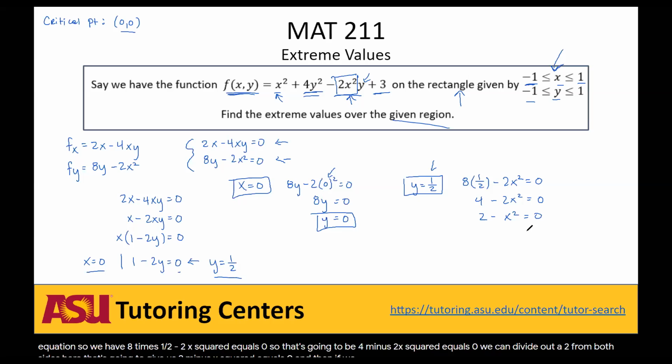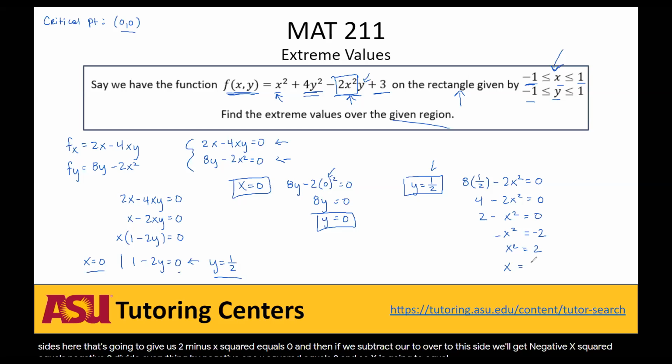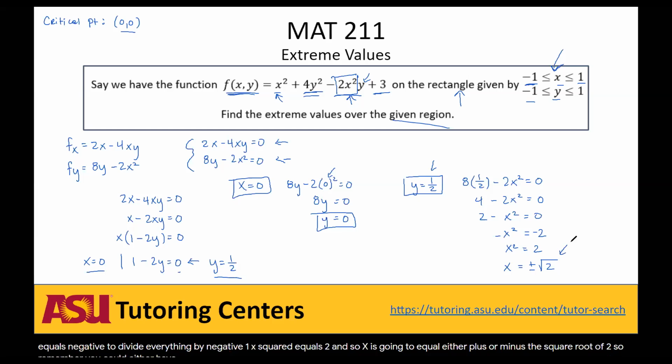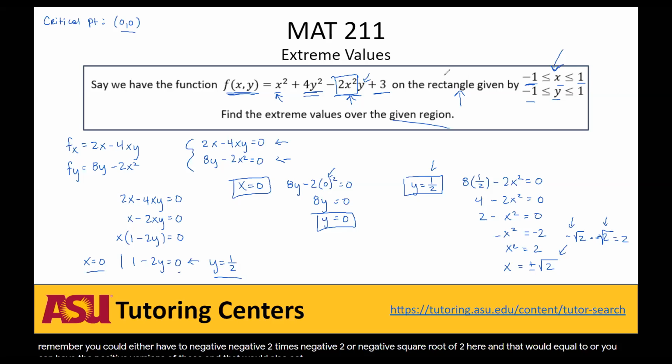And then if we subtract our 2 over to this side, we get negative x squared equals -2. Divide everything by -1: x squared equals 2. And so x is going to equal either plus or minus the square root of 2. So remember, you could have negative square root of 2 times negative square root of 2, and that would equal 2, or you could have the positive versions, and that would also equal 2. So don't forget your negative branch.